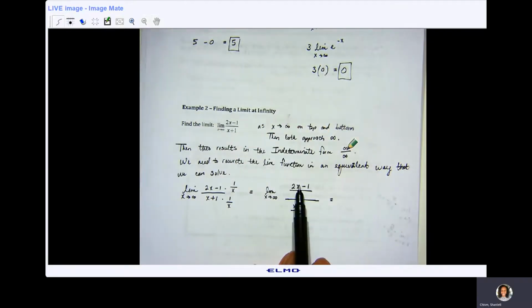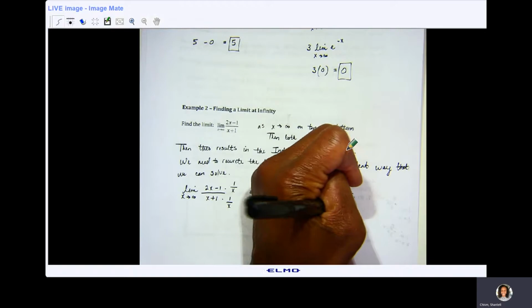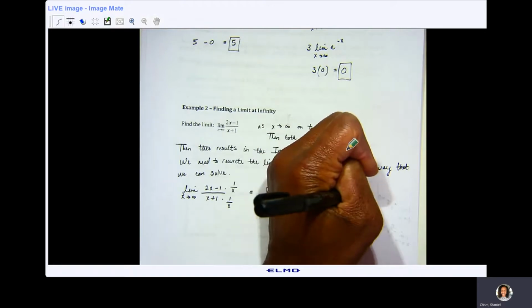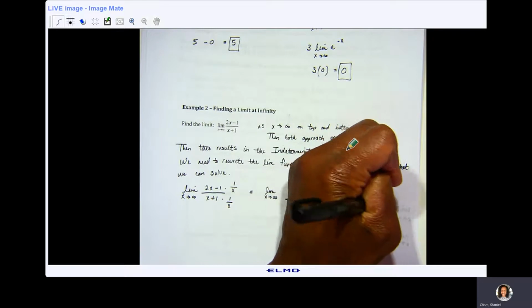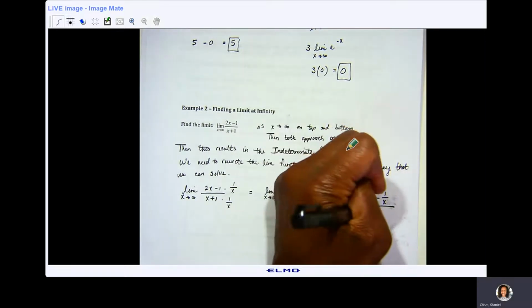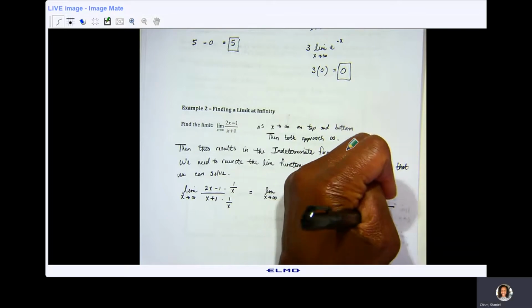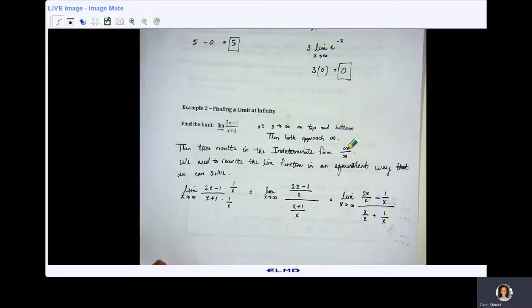And I'm taking the limit of top and bottom. Keep that in mind. So what I'm going to do is break the top apart. I'm going to break the bottom terms apart. So I'll have 2x over x minus 1 over x. And then I'll have x over x plus 1 over x. Okay?